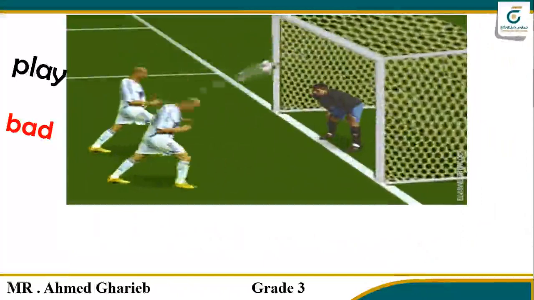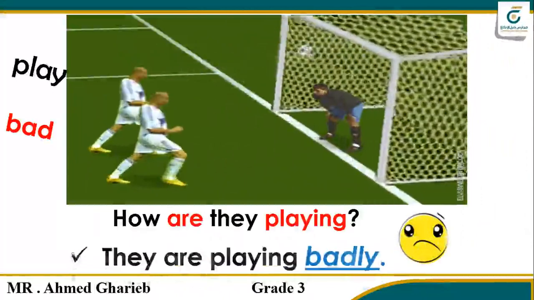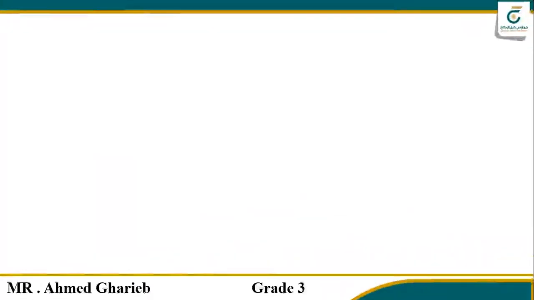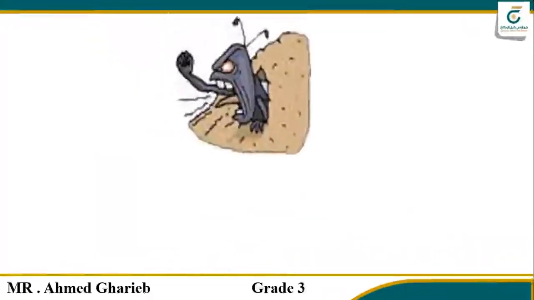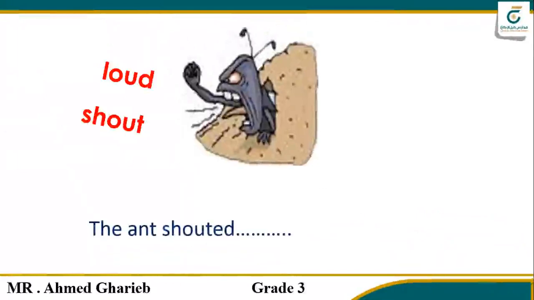So they play. How are they playing? They play badly. Oh, it's an angry ant. It shouts loudly. We want to describe how the ant shouted. So the ant shouted loudly. Excellent.